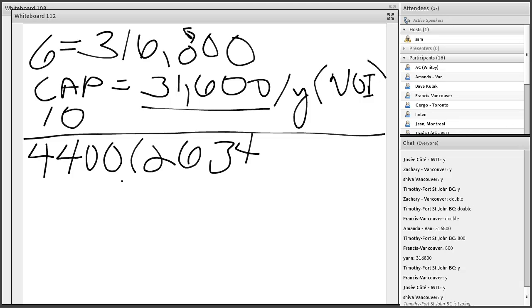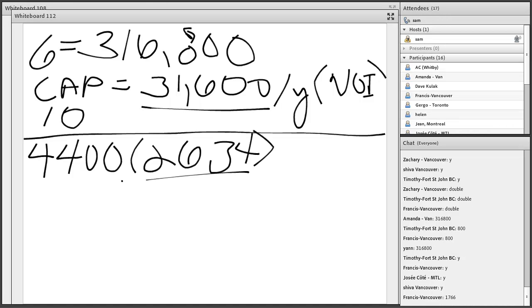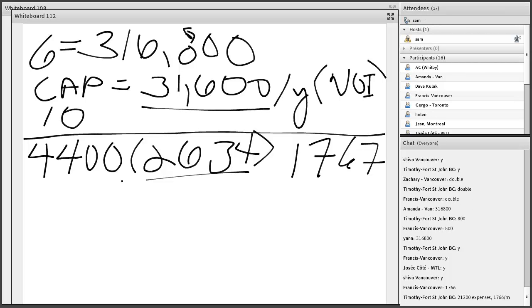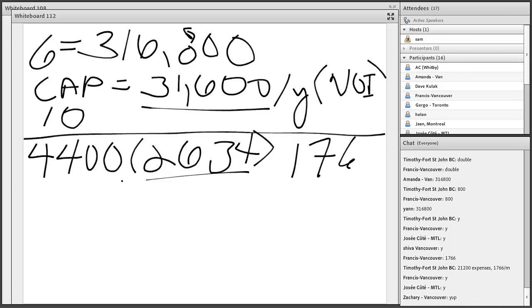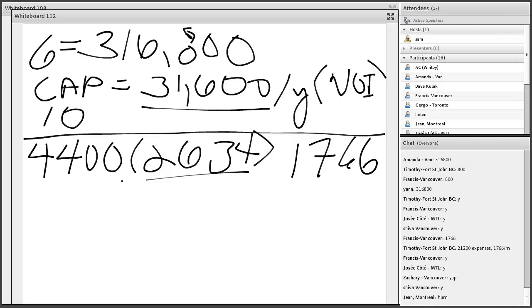Well, I take this number, 31,600, and I divide it by 12, and that means $2,634, call it. This here is income, therefore 4,400 minus that is expense, which gives us $1,766 in expense. Did everybody see that?